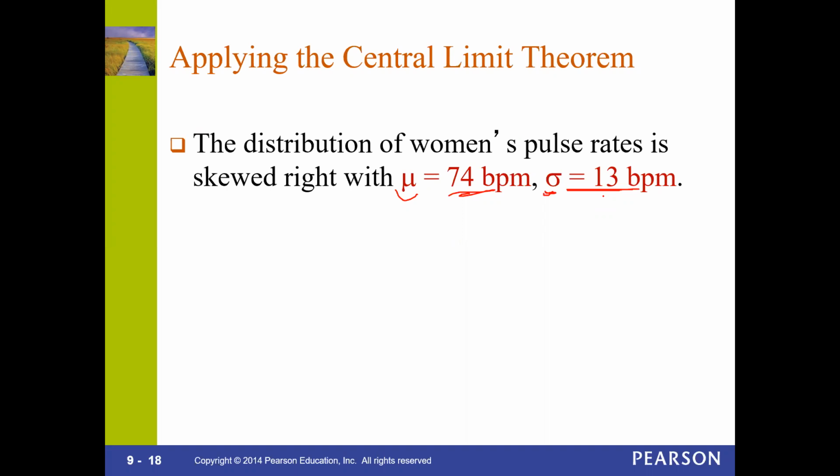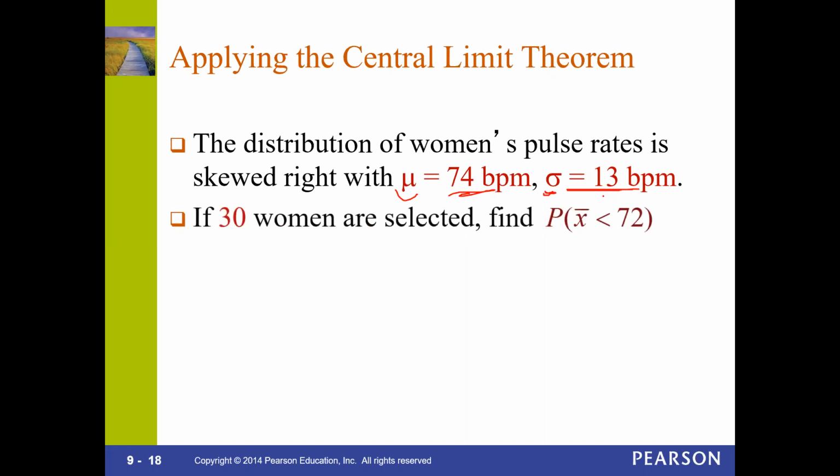This is what I'm going to be doing myself. I'm going to choose 30 women, and I would like to know the probability for them to have a pulse rate less than 72. On average, you see, this is 30 women, on average. Let's put the term average.